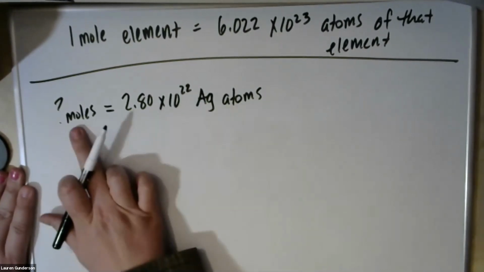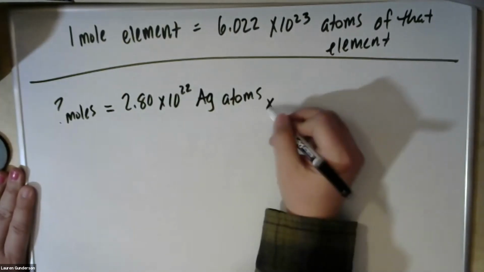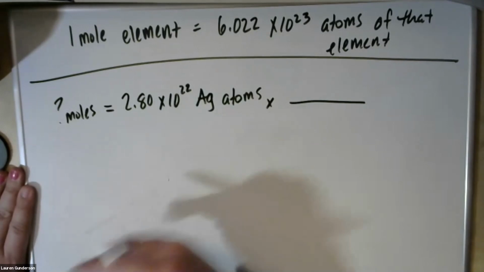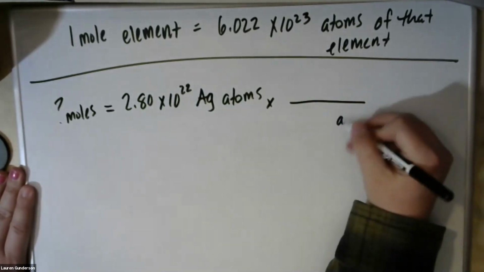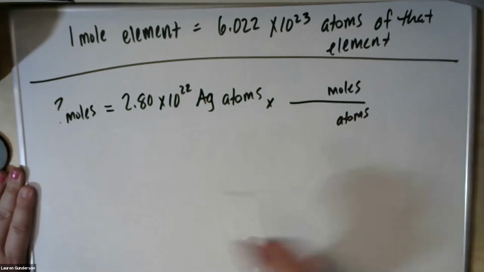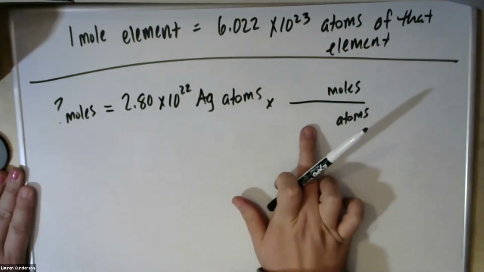This relationship between atoms and moles comes back to Avogadro's number. In this case, we know the number of atoms and we want to convert it into moles. So atoms is going to go on the bottom of our fraction bar and moles is going to go on the top. And we're going to look back at our unit equation to figure out the numbers that go here.